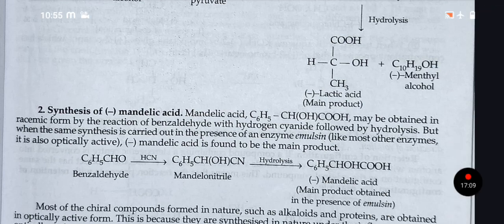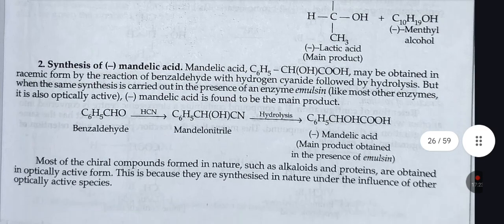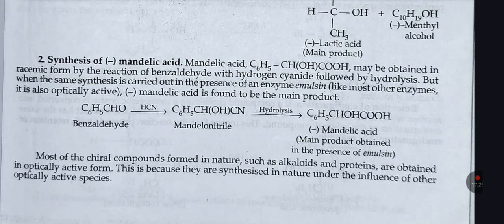Minus mandelic acid is found to be the main product. Benzaldehyde on reaction with HCN will give mandelonitrile, which on hydrolysis will give minus mandelic acid, the main product obtained in the presence of emulsin. Most of the chiral compounds found in nature such as alkaloids and proteins are obtained in optically active form. This is because they are synthesized in nature under the influence of other optically active species.